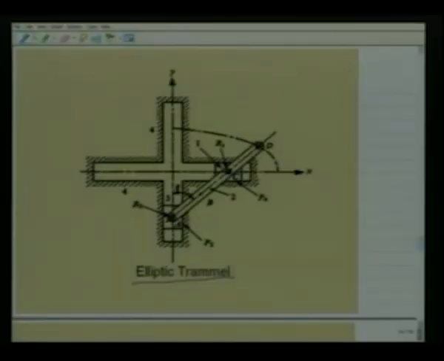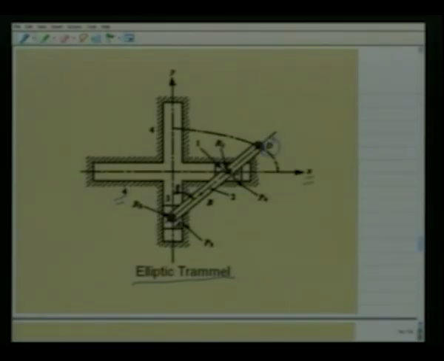Let us consider the physical construction of this mechanism rather than this kinematic representation. As we see, this link has two prismatic pairs, one in the horizontal direction and the other in the vertical direction. This rod A, B, C, D has a revolute pair with this block at C and another revolute pair with this block at A. Now as this rod moves, let us look at the coordinates of any point D on this moving rod.